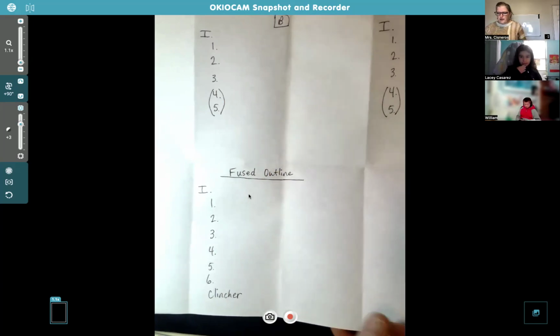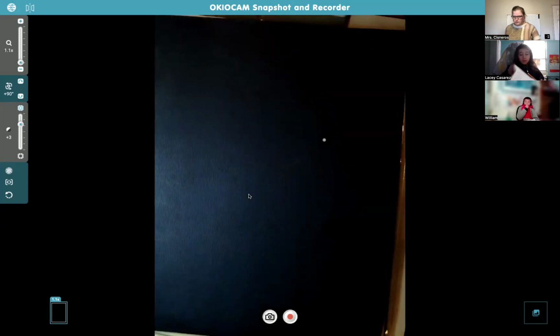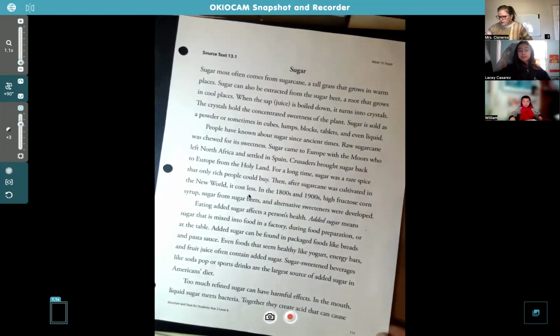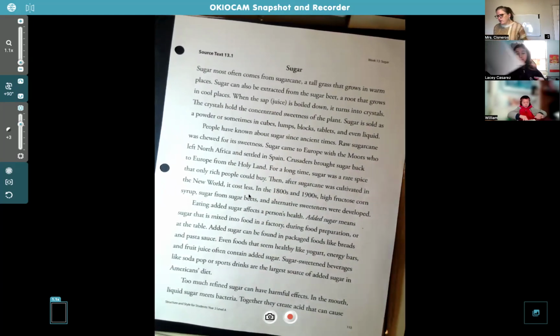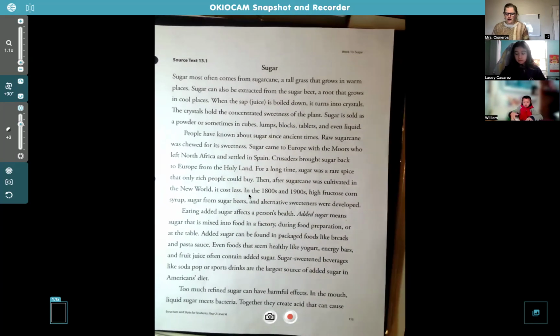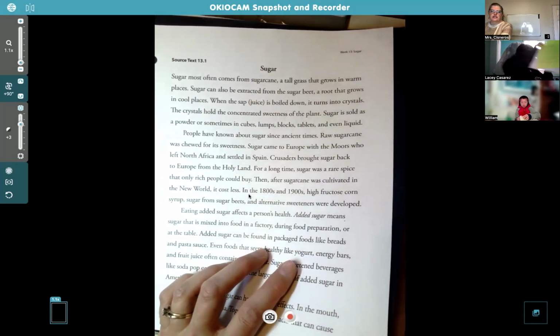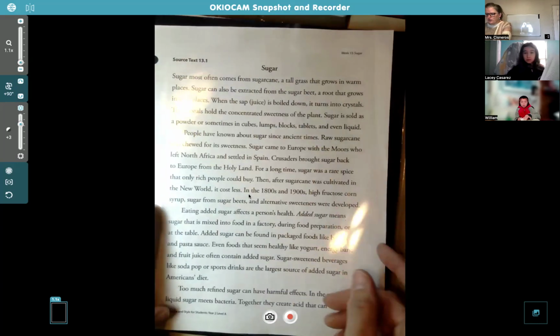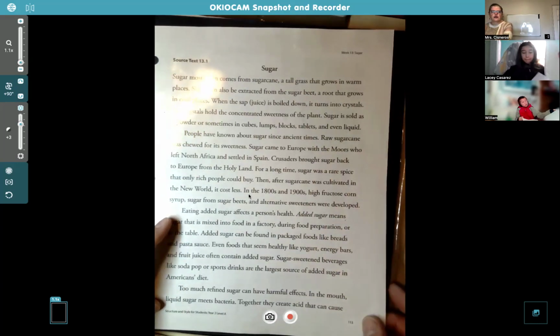So the next step is to look at the first article, which is this one on page 133. Or I'm sorry, 113. I don't know where I got that number from. Page 113, and it should say source text 13.1 at the top.